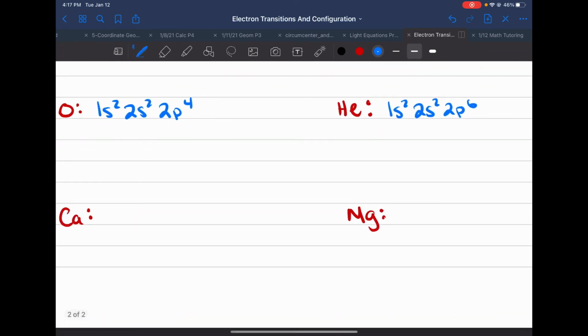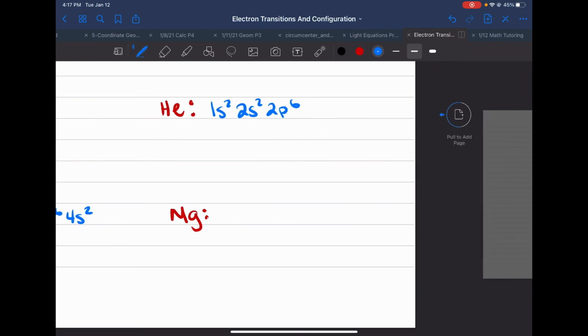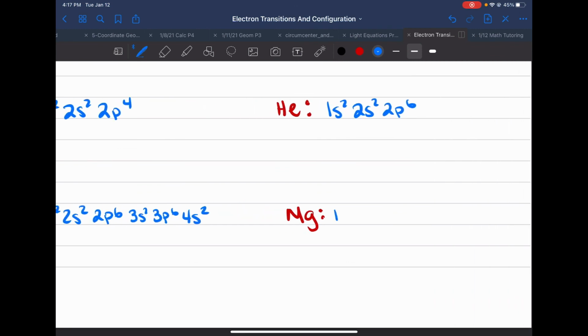The electron configuration for calcium is 1s2, 2s2, 2p6, 3s2, 3p6, and then this one's the tougher one. The next one would be 4s1, or sorry, 4s2.